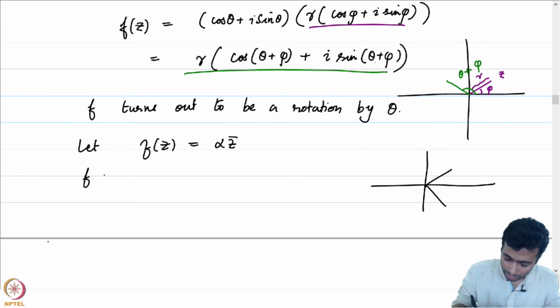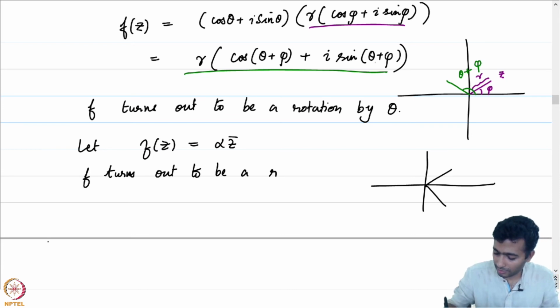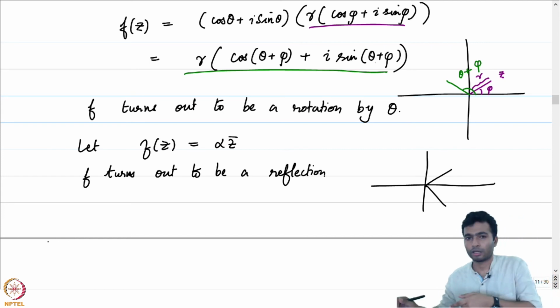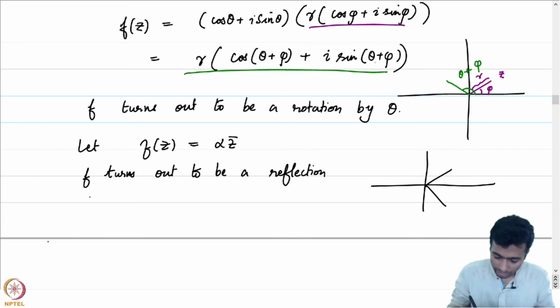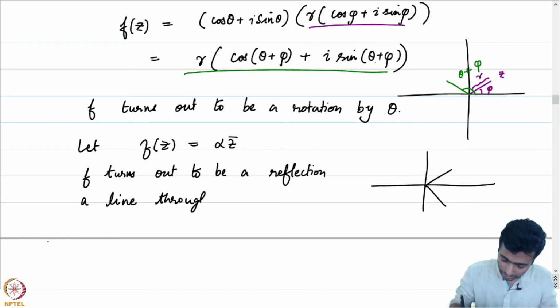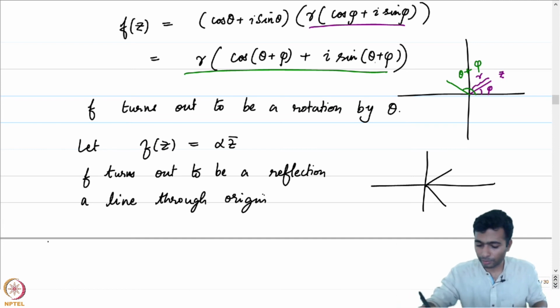F turns out to be a reflection, now the reflection is not going to be along the real axis, but along a line through alpha, so through the origin. Notice that everything is now going to be rotated.